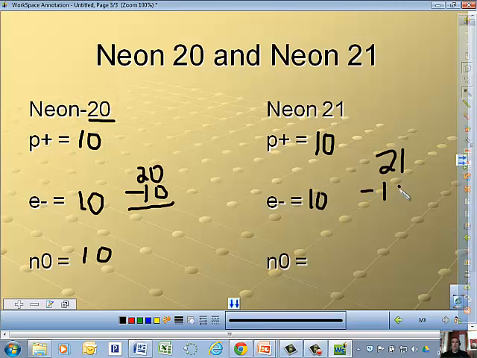Again, I'm going to subtract away the 10, and we're going to have 11 neutrons left for neon 21. Now, both of them have 10 protons, both of them have 10 electrons, but what makes it an isotope is that the number of neutrons is different. For neon 20, it only has 10 neutrons. For neon 21, it has 11 neutrons.